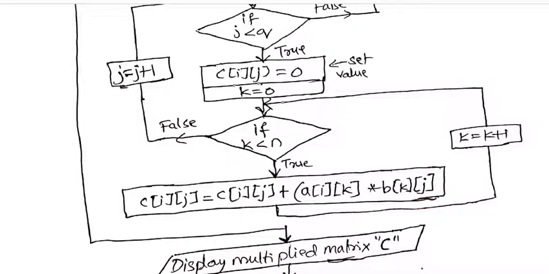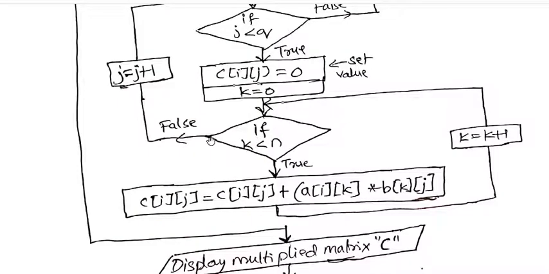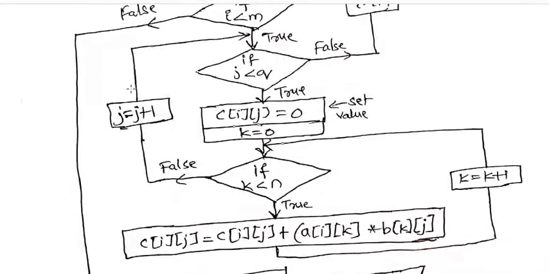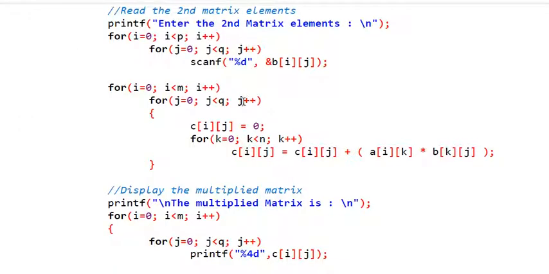Now let us say this condition is false. If this condition is false, it will come here, the j value is incremented to j plus 1, and the condition j is less than q is checked again.